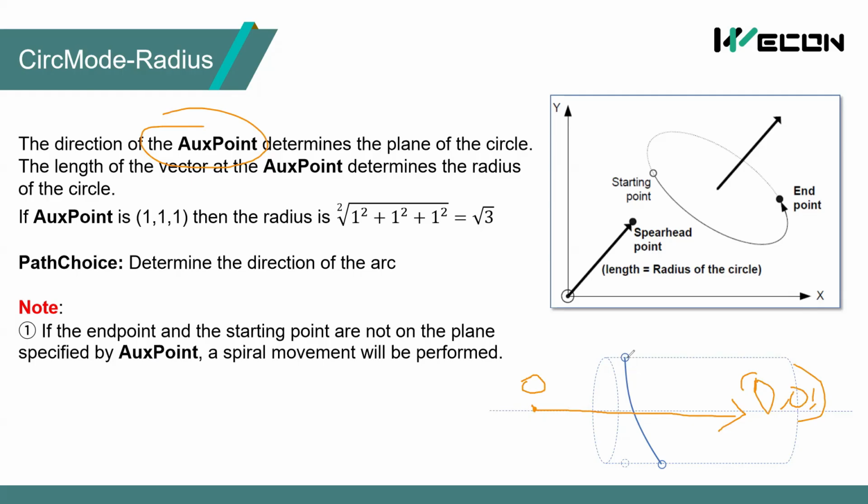Normally, our start position and end position should be here and here, and get this curve. But if these 2 positions are not in the same plane, like this, A and B, then the movement will change to this spiral movement, like this. It will perform like this.